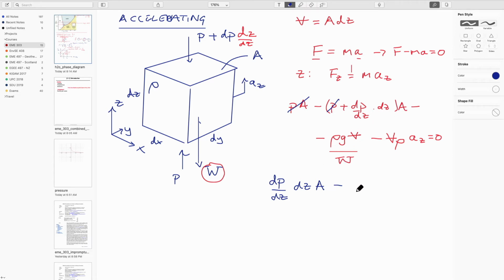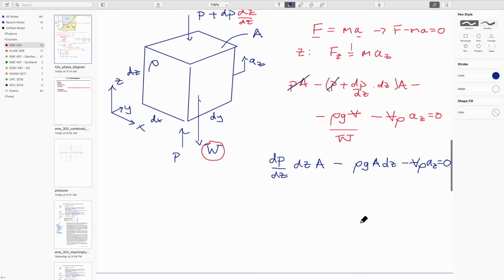This term here is minus rho g. What is V going to be? V is going to be area times dz. Could leave it as V, I suppose. Minus volume times density times acceleration z equals 0.